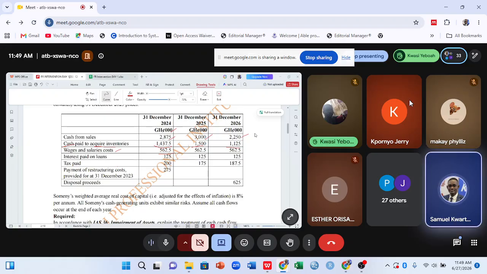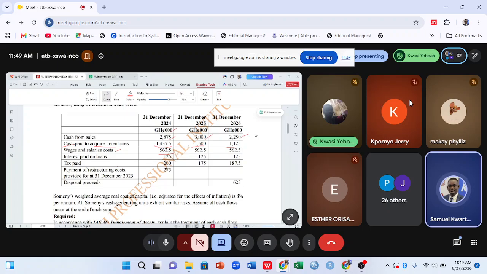You follow the dictates of the standard. The standard tells you that you include all your cash inflows and outflows, but there are certain items that the standard says are not considered. One of them, as Esther rightly said, is your cash flow from financing activity. You're not going to consider it.